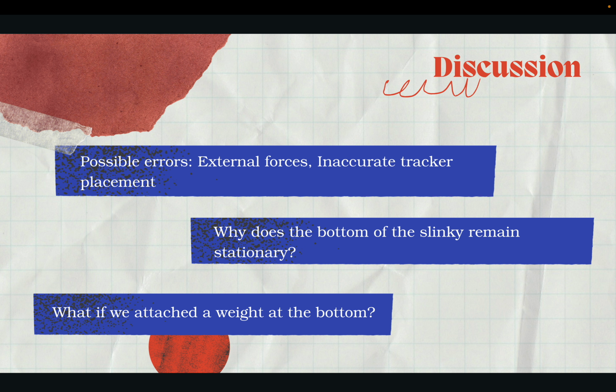So it really depends on those factors, whether the weight would be enough to be greater than the tension force in the Slinky and be moving down faster, or if it would still be canceled out with the gravitational force that's pulling down on it.